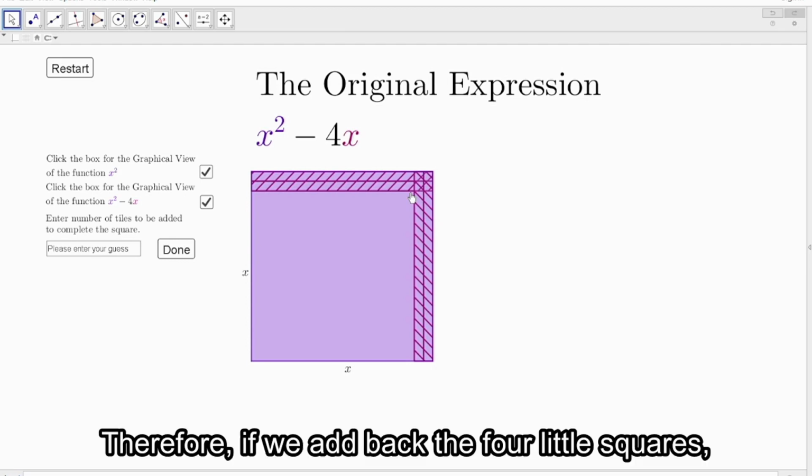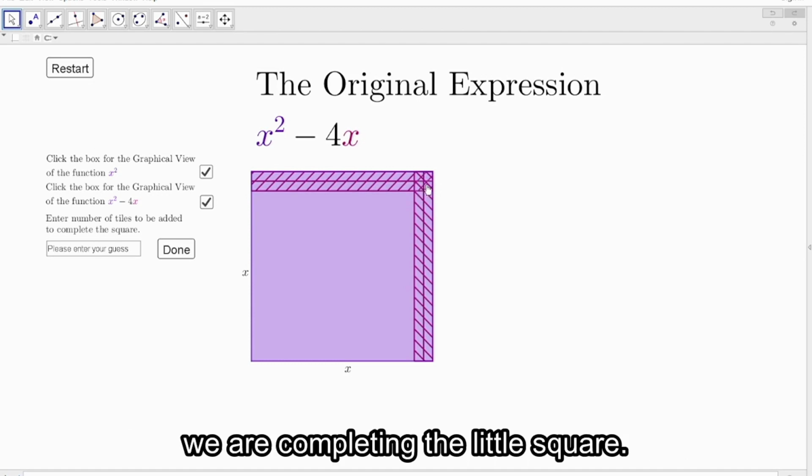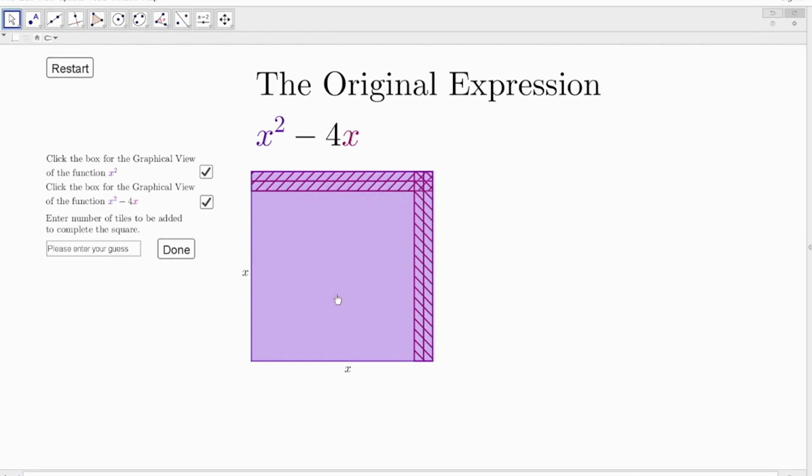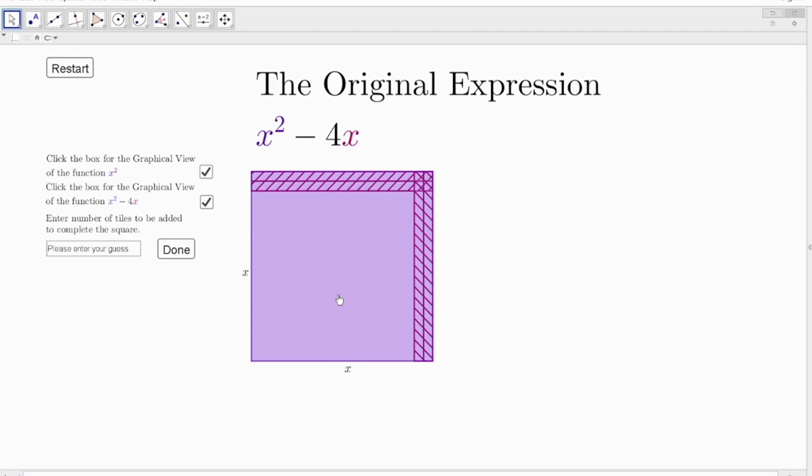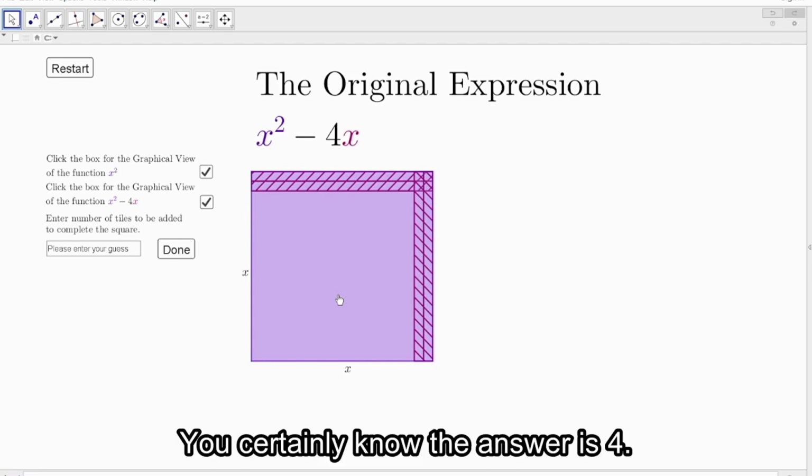Therefore, if we add back the 4 little squares, we are computing the little square here. By the way, how many tiles do we have to add to compute the square here? You certainly know the answer is 4.